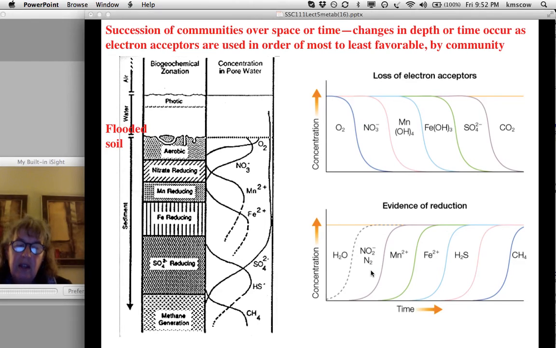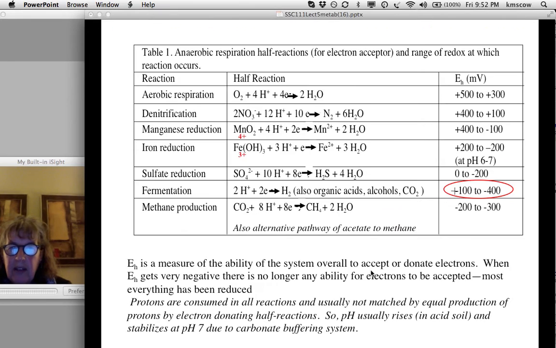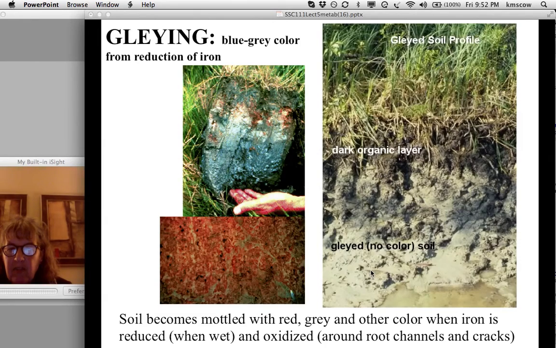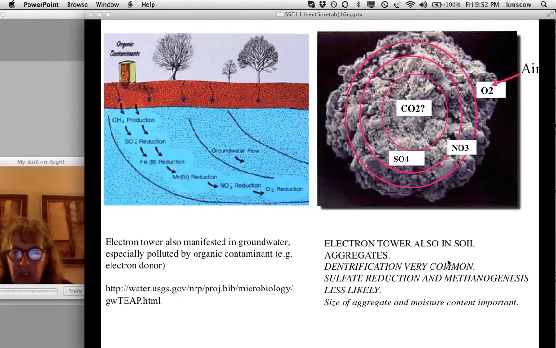N2, which goes back to the atmosphere and is benign, but some of it may also convert to nitrous oxide, N2O, which is a very potent greenhouse gas.